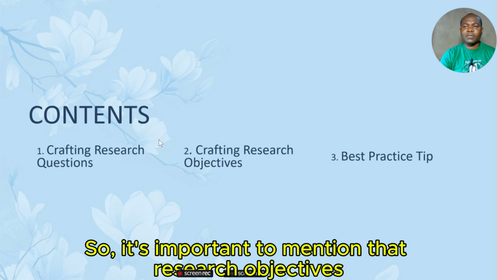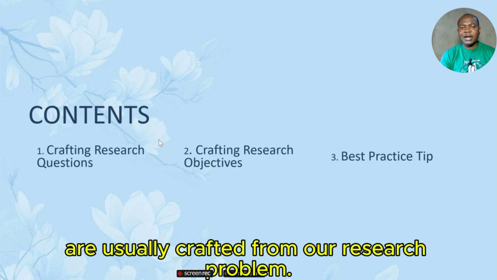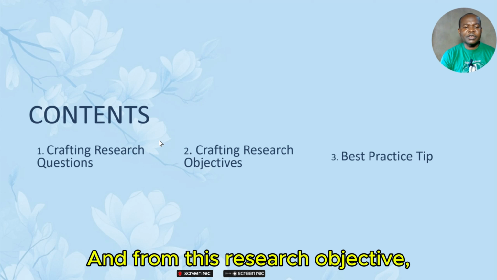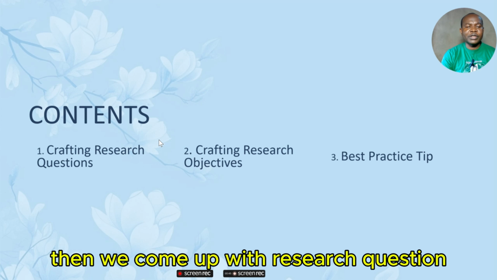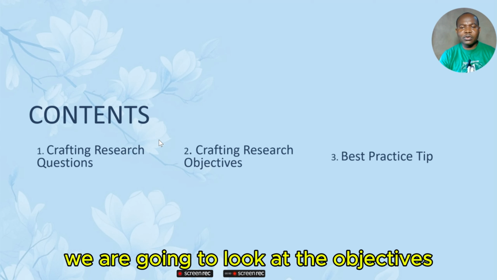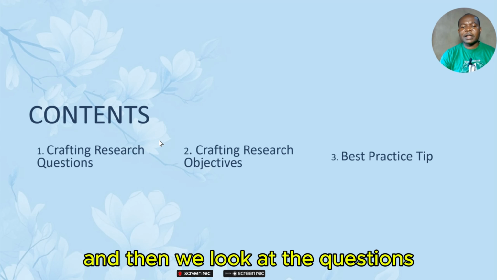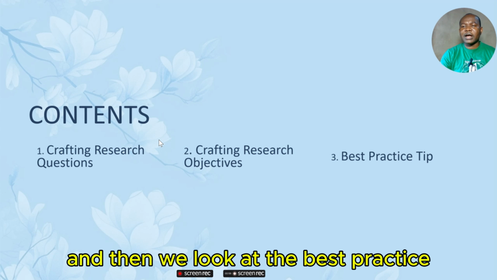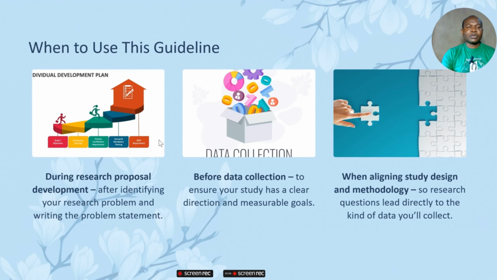It's important to mention that research objectives are usually crafted from our research problem. And from these research objectives, then we come up with research questions. So as a way of highlight, we are going to look at the objectives, and then we look at the questions, and then we look at the best practice.